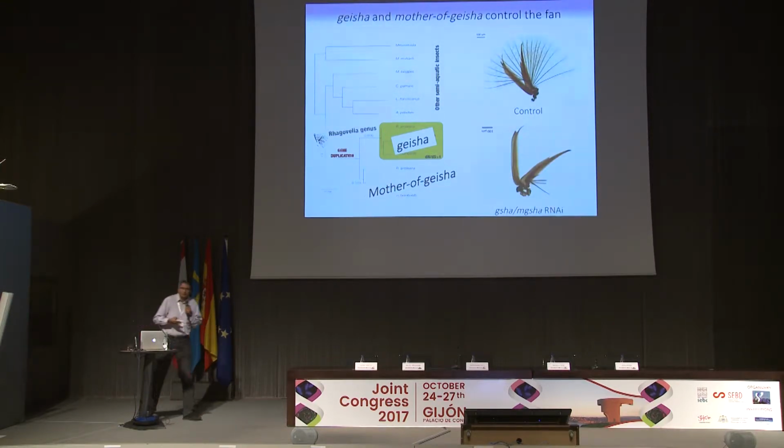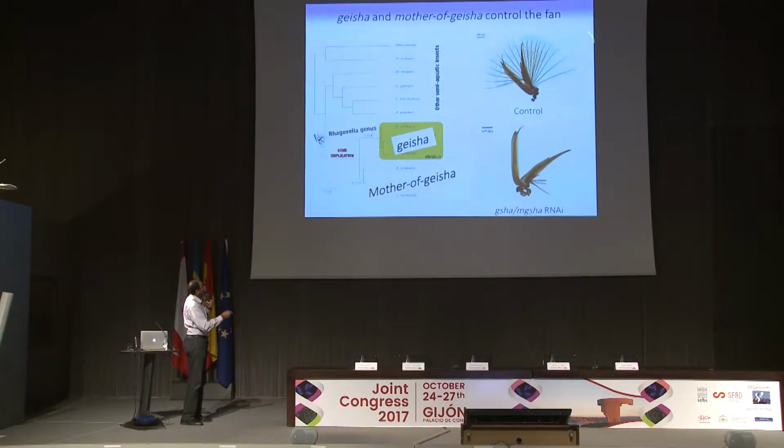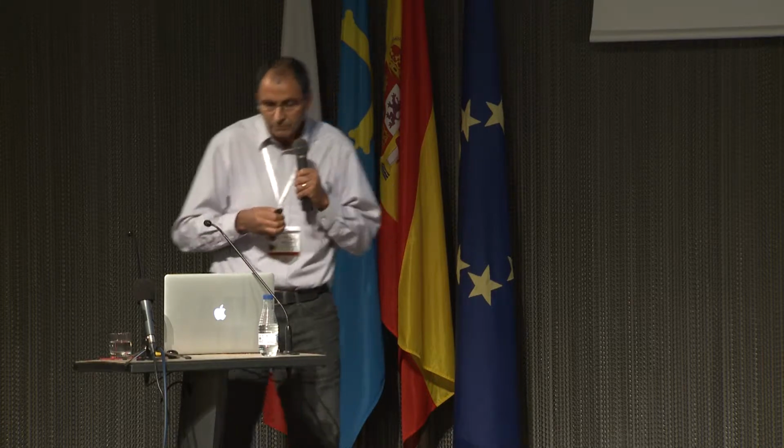When we knock them down using RNAi, this is what we get. This would be a control fan, and this is a fan from an individual treated with RNAi. You see that the claws are completely wild type, just like the control, whereas the fan is deeply reduced. This is very striking because it means that these two genes control the development of the fan and nothing else in the leg.